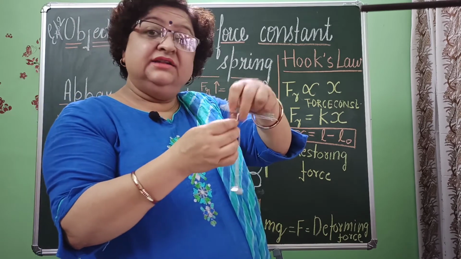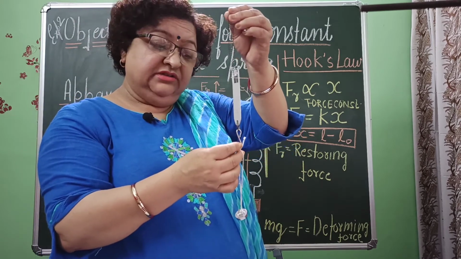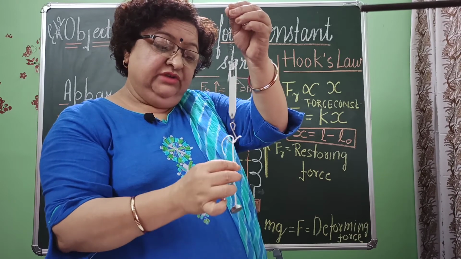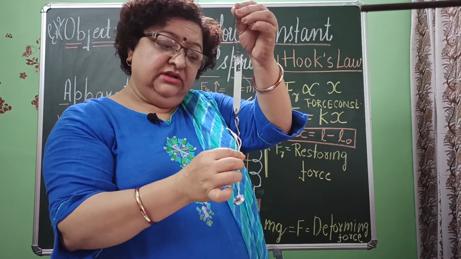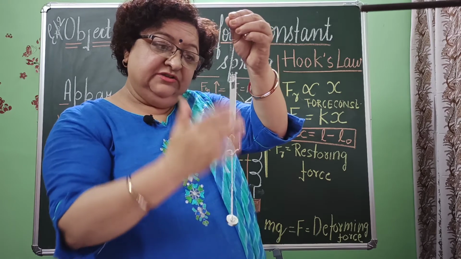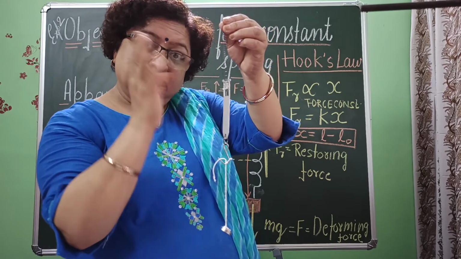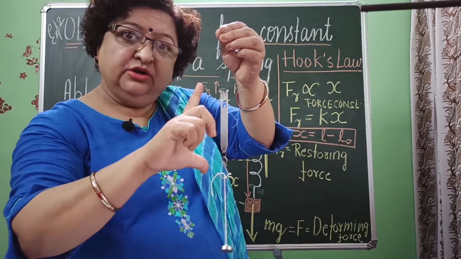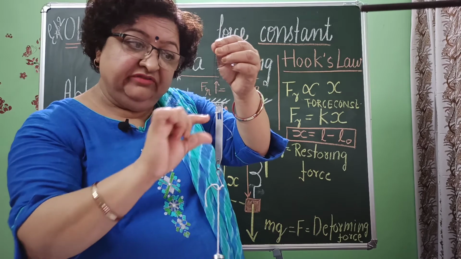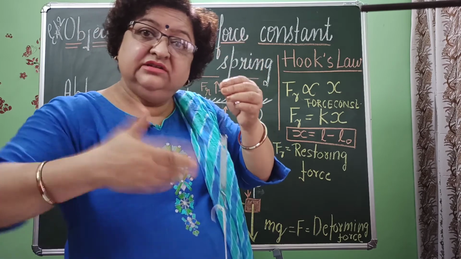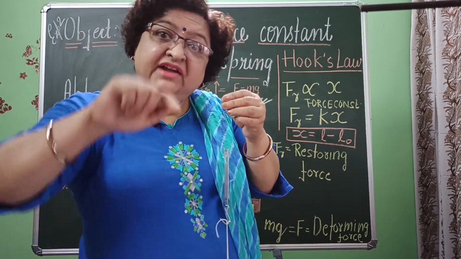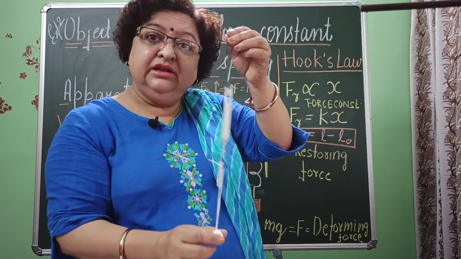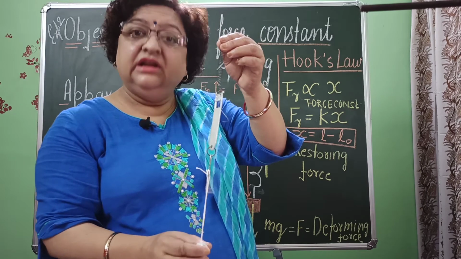Those are the seconds during which this is the normal position, and this is the time, a fraction of a second, during which this spring gets elongated, and that is the time during which the restoring force increases. And finally it attains the force, that is 20 gram into gravitational acceleration.